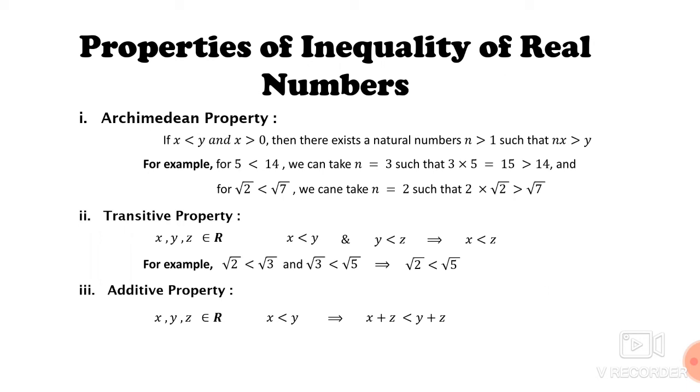Then the number which was smaller first will also remain smaller and the number which was greater will also remain greater. This is the right addition and this is the left addition. This is the example.